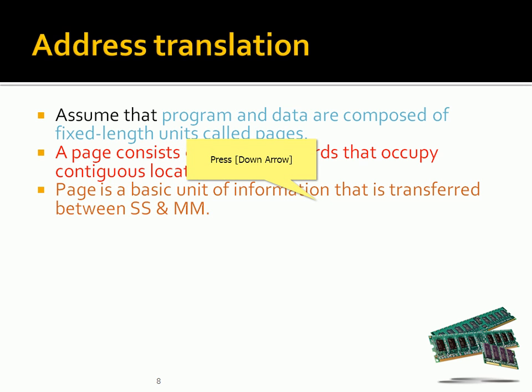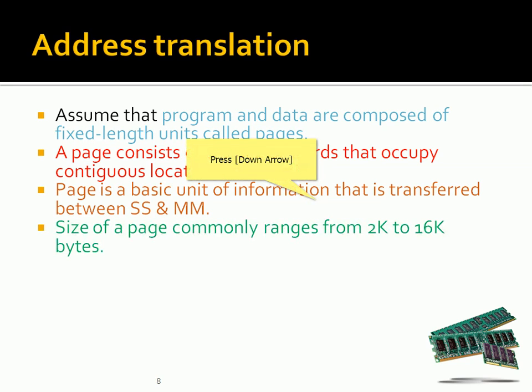A page is the basic unit of information that is transferred between secondary storage and main memory, right? So what is a page? A page is a basic unit of information. It is a block of words, that is, a block of instructions or data. It is the smallest unit of the program that can be transferred or exchanged between secondary storage and main memory.